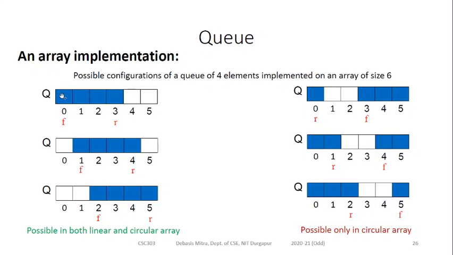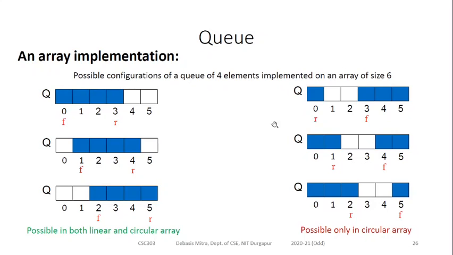So possible configurations would be: first, second, third, fourth, starting from the extreme left, or starting from index 1 to 4. Okay, 0 to 3, 1 to 4, or 2 to 5. These were the possibilities. You can never have any other configurations where you have 4 elements in a queue implemented on an array of size 6 in linear array implementation.